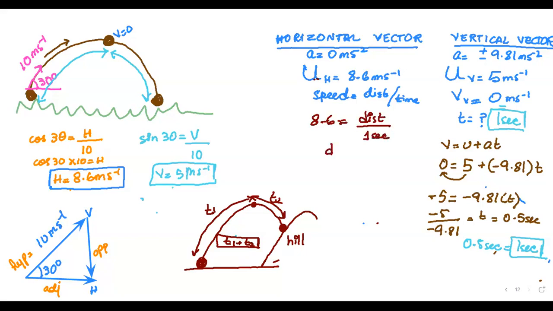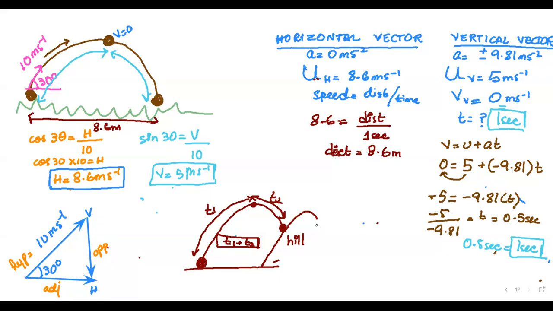That means my horizontal distance is going to be 8.6 meters. Similarly, I can calculate the height. To calculate the height, I need to use the vertical vector. We always have to match. If I'm calculating the horizontal distance, we use the horizontal vector. If I want to calculate the vertical distance, we will use the vertical vector, right?